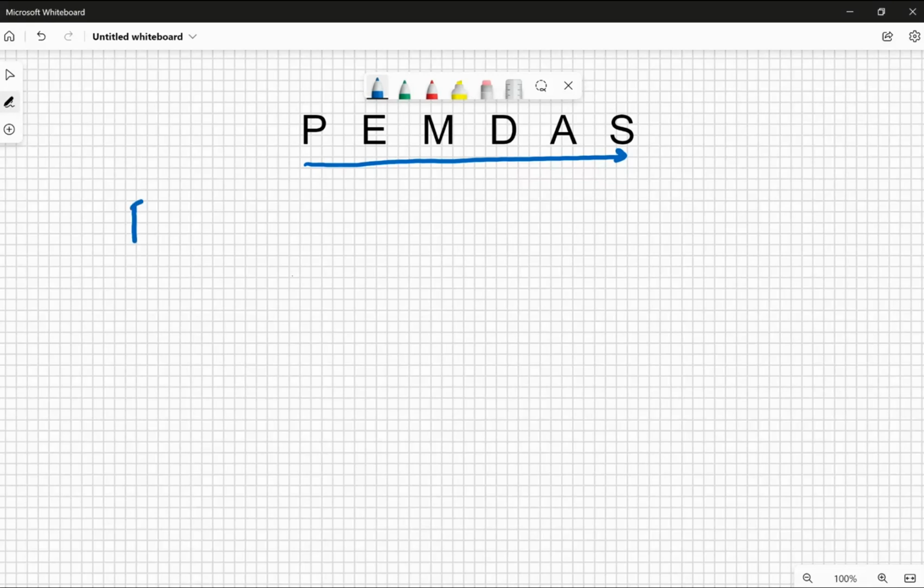So parentheses definitely comes first, P, followed by exponents. So you take care of all of your parentheses in the problem. Then you take care of your exponents. But then I'm going to put multiplication and division at the same level. And I'm going to do the same thing with addition and subtraction.